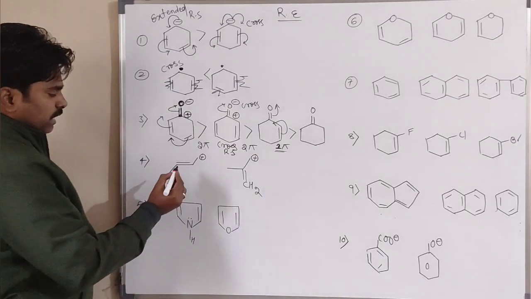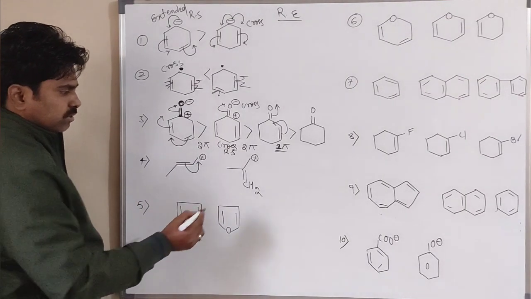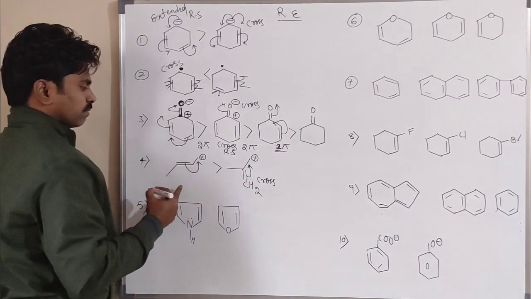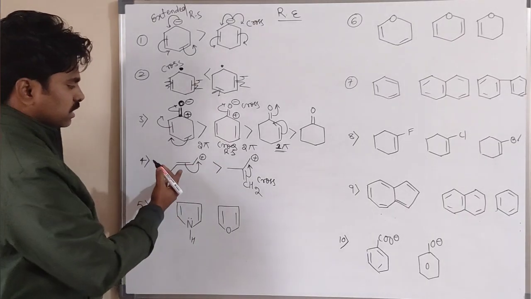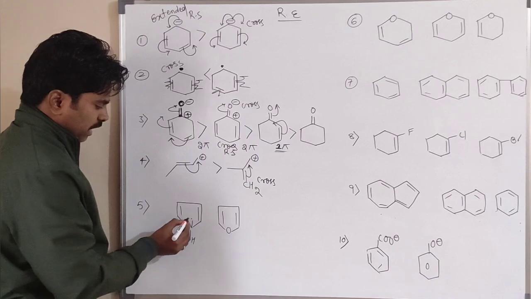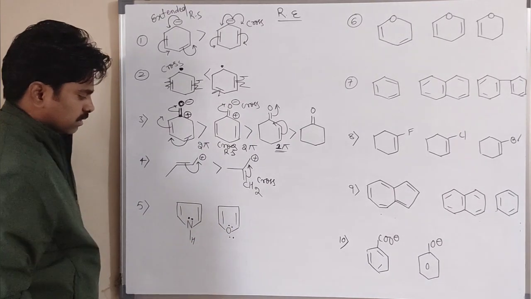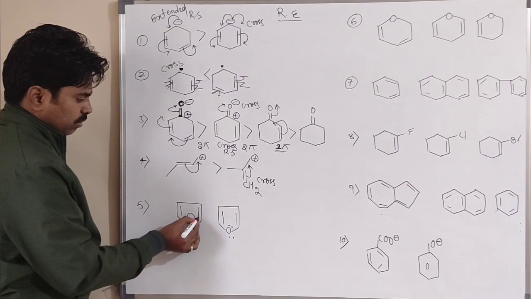Right. Next one. Here there is continuous resonance, but here is a cross. Which is better? Continuous resonance is better than the cross. The resonance energy here is greater. Then come to the next question. Here a lone pair of electrons is present, so there is conjugation: double, single, lone pair.